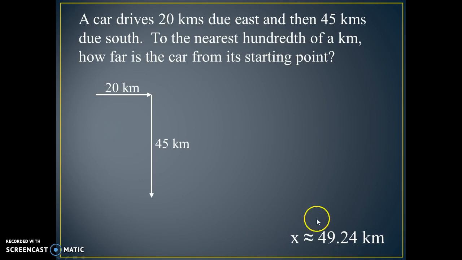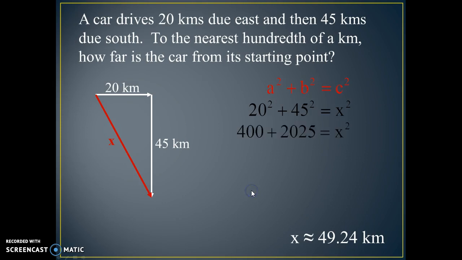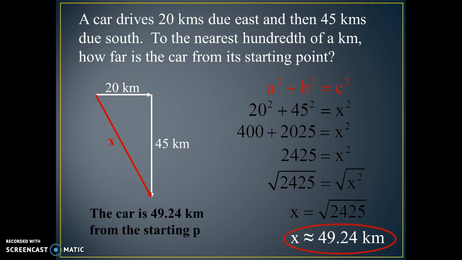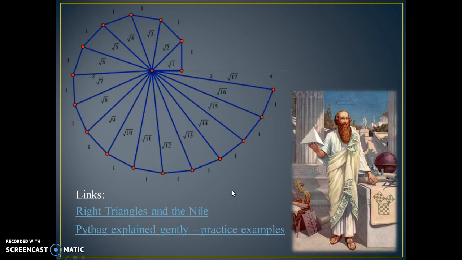Looks like I already gave you the answer here. Notice it's bigger than the 45, and you work it out and realize at the end of it all, you've got the square root of 2425. As I said, gave it away too early, 49.24 kilometers. Moving along, okay? Oh yeah, don't forget, answer in a sentence with appropriate units.